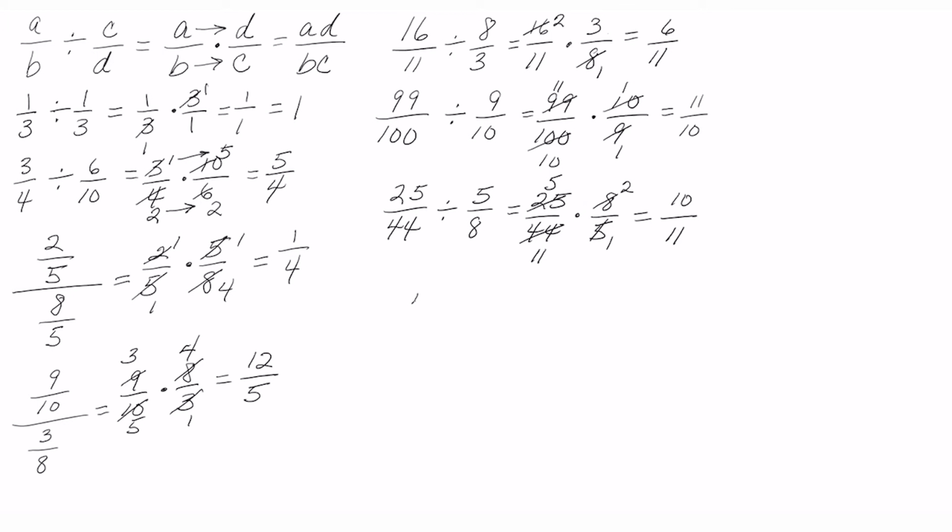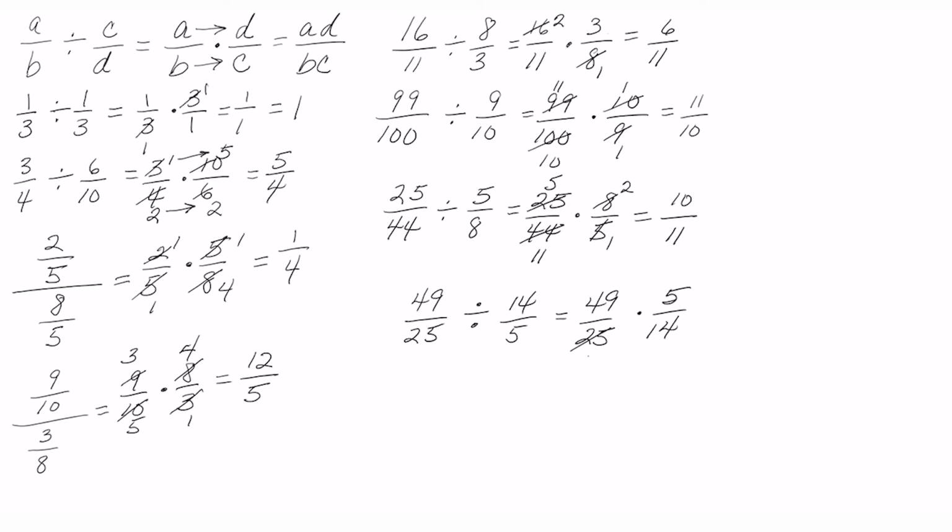Let's do one more. So we have 49 over 25 divided by 14 over 5. So once again, we leave our first fraction the way it's written, and we turn our second one over, and we see if we can cancel something out.